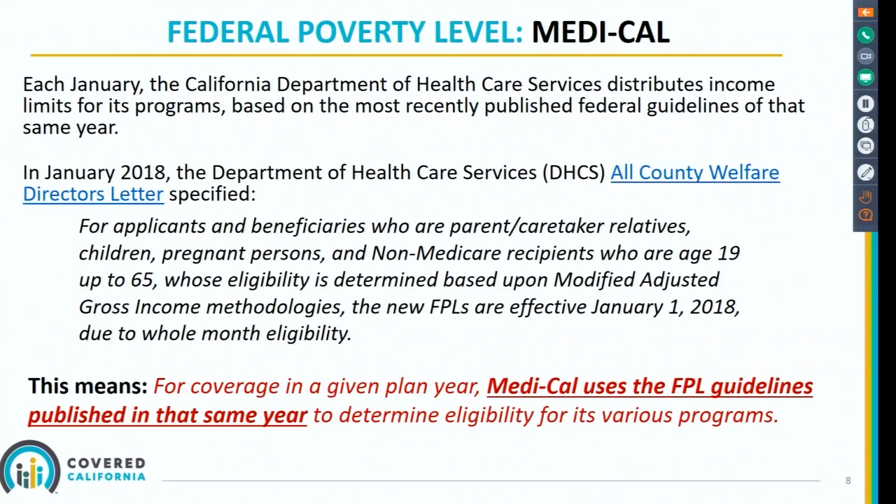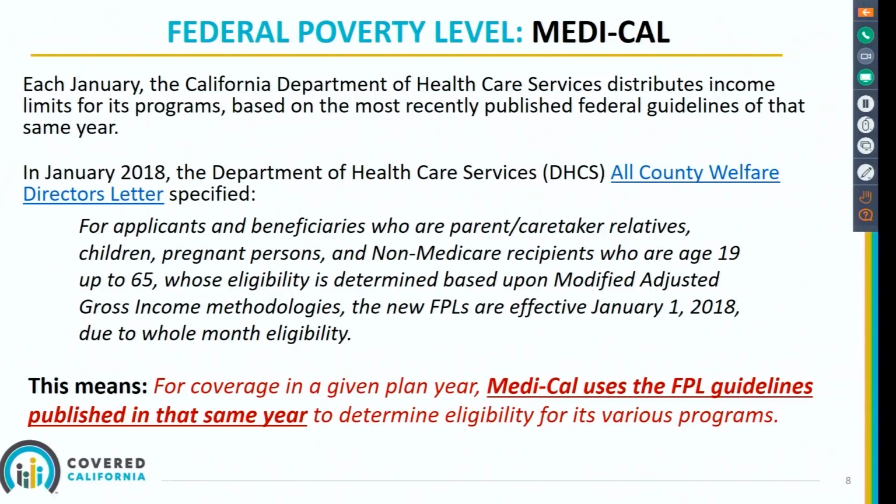So if we look at 2018, this plan year, this coverage year for Medi-Cal, in January of this year, many months ago, DHCS sent an all-county welfare directors letter that said, for applicants and beneficiaries who are parent, caretaker, relatives, children, pregnant persons, and non-Medicare recipients who are age 19 up to 65, whose eligibility is determined based upon modified adjusted gross income methodologies, the new FPLs are effective January 1st, 2018, due to whole month eligibility. So they're saying here that in January 2018, they're going to use January 2018 FPLs to determine eligibility.